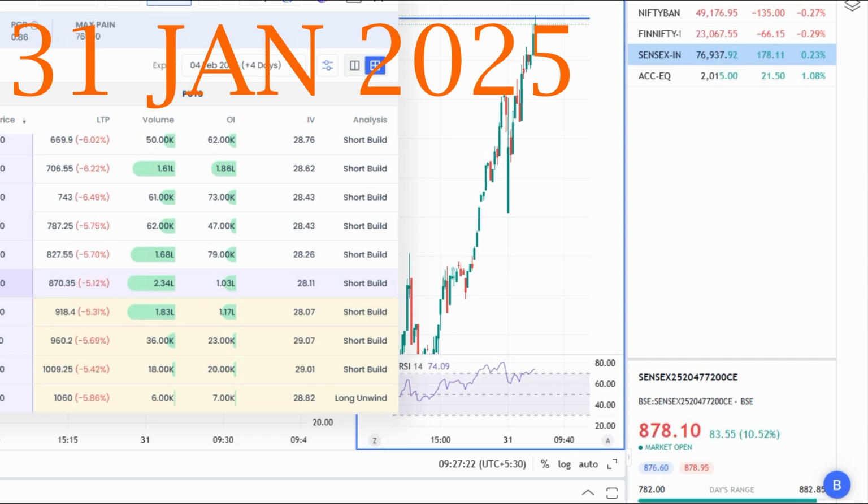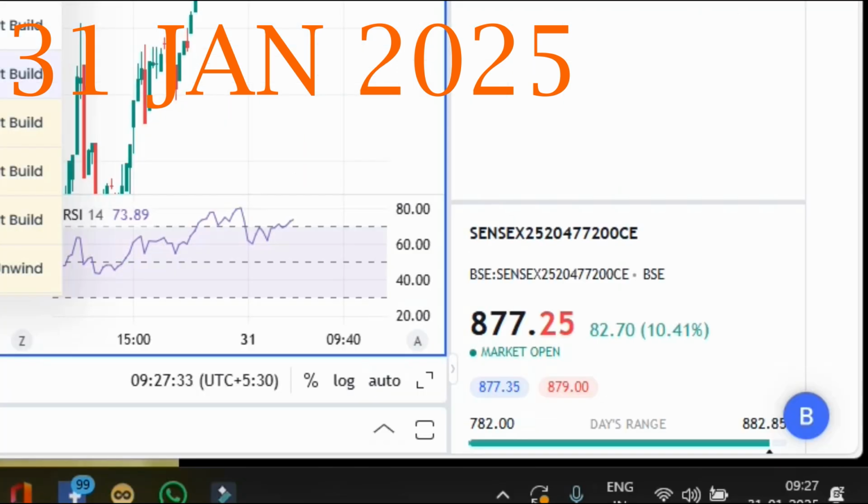Oh god. Yes, target is hit. 882 is the high, so the target is taken, and okay, we will wait for the next entry.